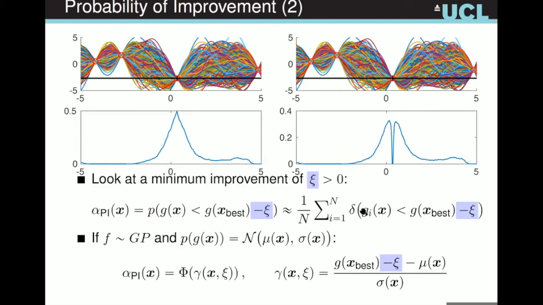This one is just a sampling perspective, but we can compute these things in closed form using the Gaussian CDF. We just need to redefine this gamma function that we had earlier by adding this psi value in here as well. The acquisition function on the left is the one without the slack variable. On the right, we would add the slack variable.